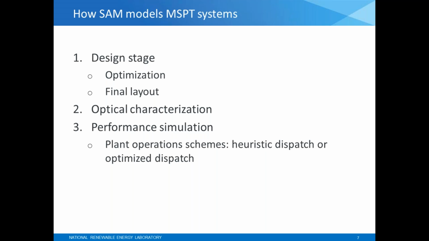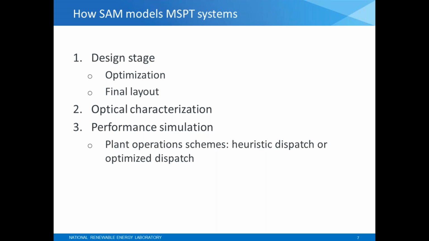So what happens is you generate the field, and then SAM will go in and select a set of sun positions to generate optical efficiency, create a table, and then when you run the performance simulation, SAM is looking at essentially a lookup table to determine the optical efficiency. So we have lookup tables for both total optical efficiency and for the flux distribution on the receiver.